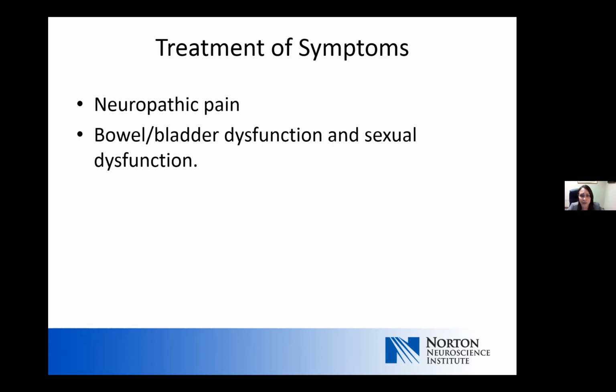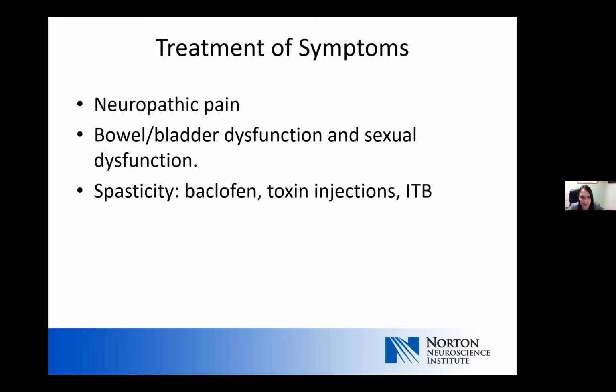Bowel and bladder dysfunction and sexual dysfunction are really big, especially in primary progressive MS and in patients who have spinal cord disease. So that's something that I treat quite a bit. Spasticity, a number of my patients have very bad spasticity. In terms of oral medications, I like baclofen as an initial oral medication.